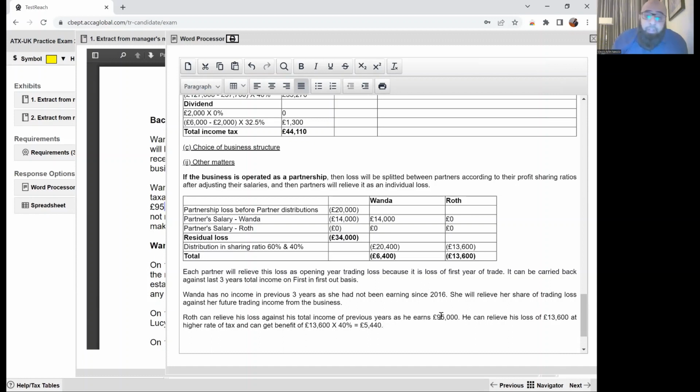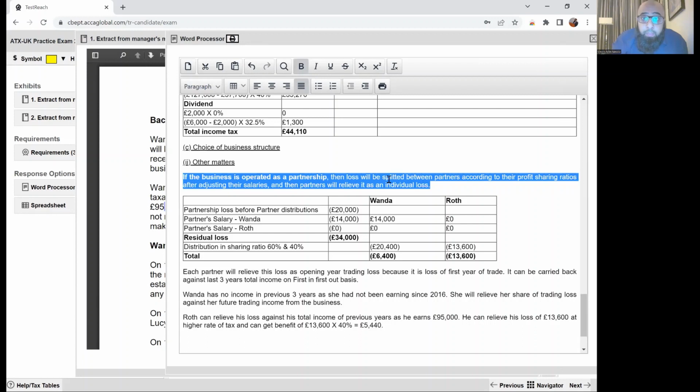So I will repeat it again. Listen to me very carefully. If the business is operated as a partnership, the partnership itself does not have any taxation in the UK. The tax department says that the partnership profits and losses are split between the partners and taxed at their shares.